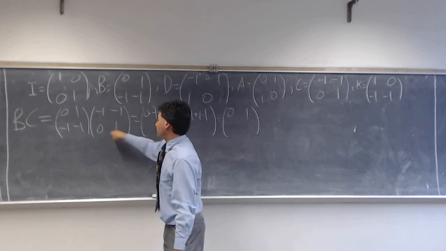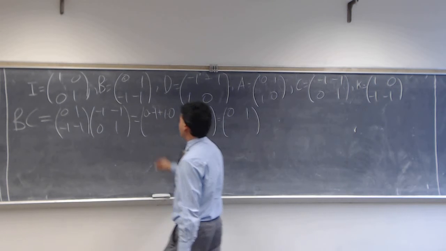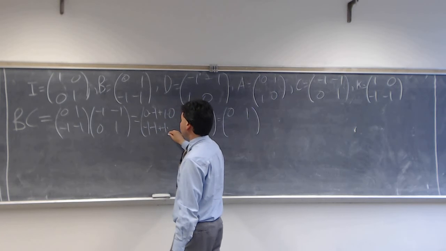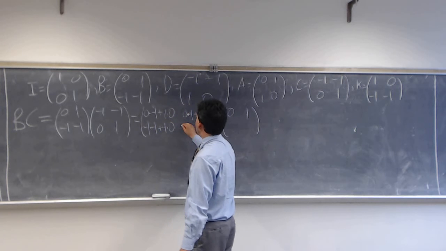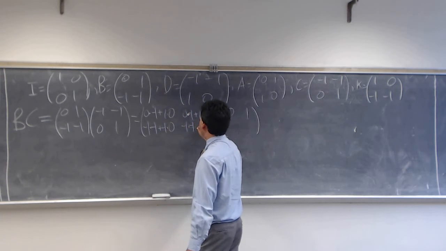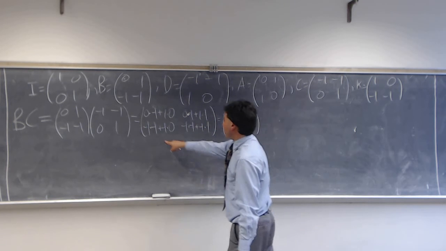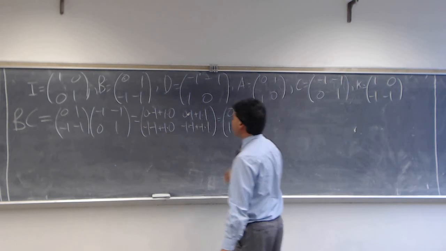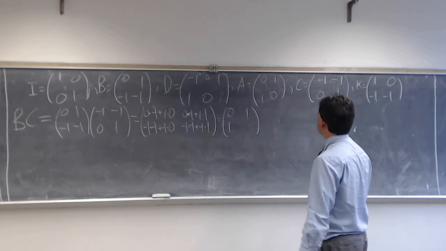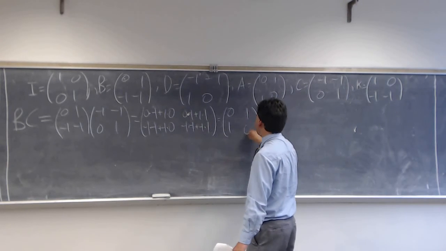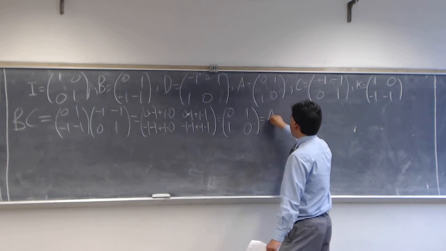As I said, it just picks off the bottom row here. And then this would be negative 1 times negative 1 plus negative 1 times 0, negative 1 times negative 1 plus negative 1 times 1. And so that would then give us a positive 1 there. And this would give us a positive 1 minus 1 is 0 there, which is A.